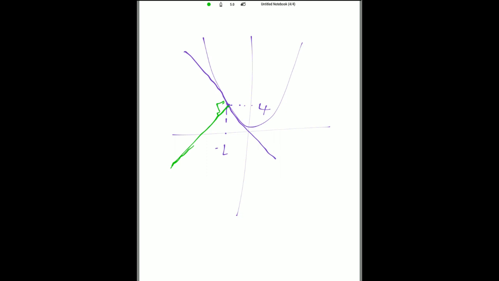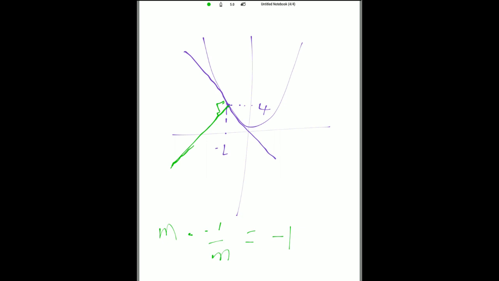Now, what's the relationship between the gradient of the normal and the gradient of the tangent? The relationship is that their gradients are negative reciprocals of each other. In other words, if the gradient of one is m, then the gradient of the other is negative 1 over m, rendering the product of these two gradients negative 1.